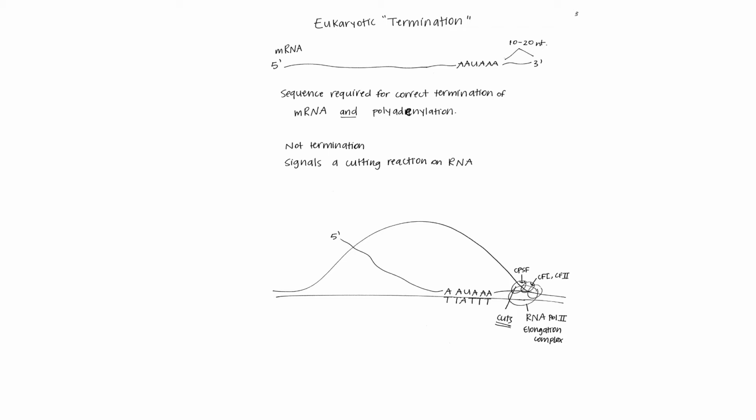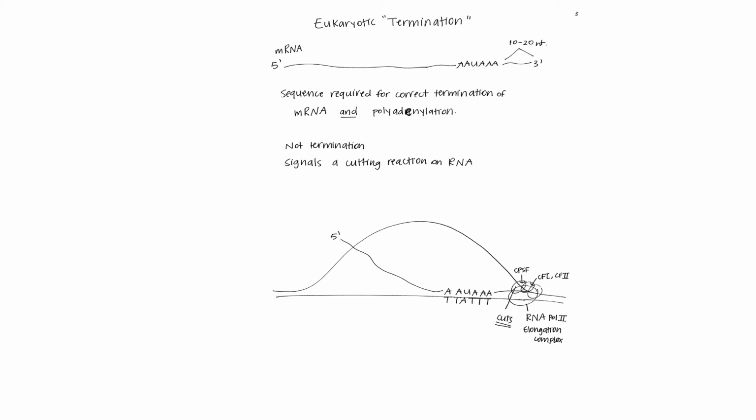So it shows below. You have the transcription going with the RNA polymerase II with the elongation complex. And so there's a bunch of proteins that are bound to it. Of course, the helicase is there. It's not shown, but there are these other proteins. These are the ones that seem to be involved in the cutting process.